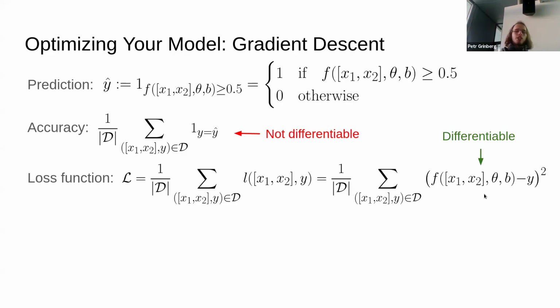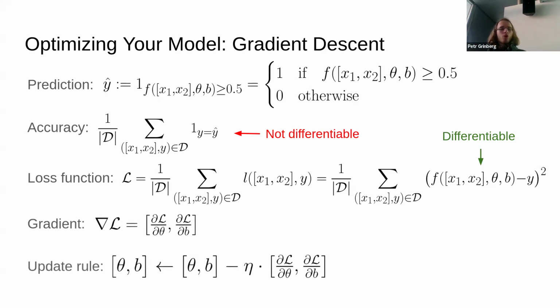For classification, it can be defined like this. It is called mean squared error. You take the difference between the output of your model and the ground truth, take the square of it, and calculate the mean.